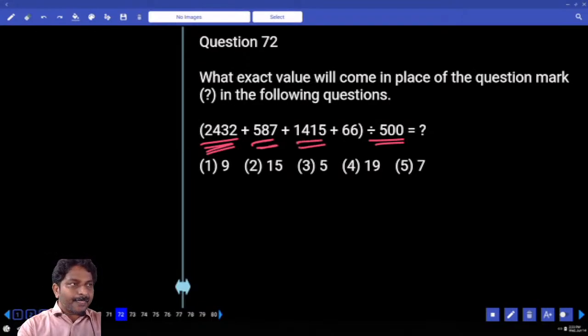Here 3 total, over. Divided by 500, it is a very large range, right? If it is divided by 5 or divided by 4 or divided by 11, yes, definitely we'll have to calculate carefully. If the denominator is a higher number, on the higher side, you don't have to bother about the exact one. Range is fine.